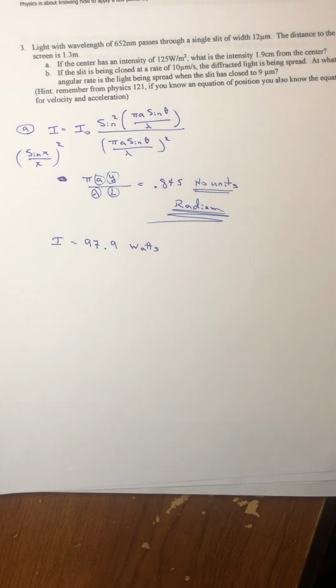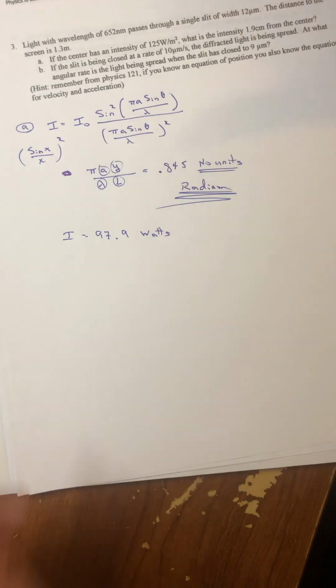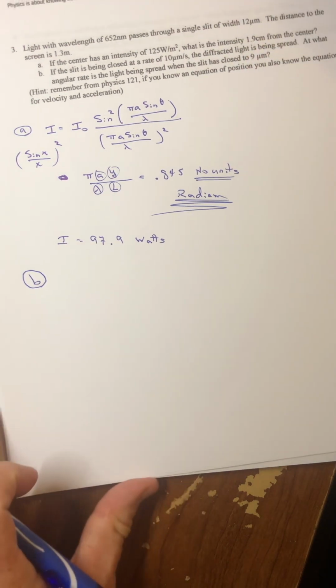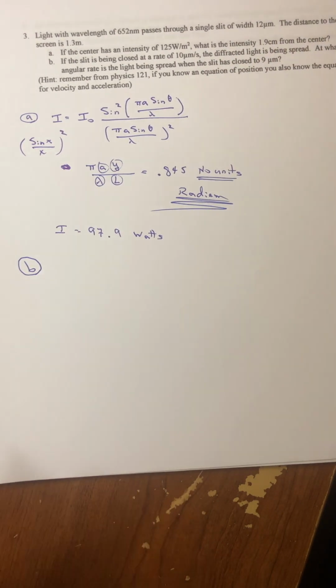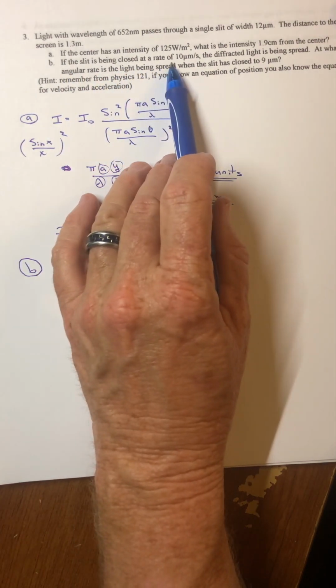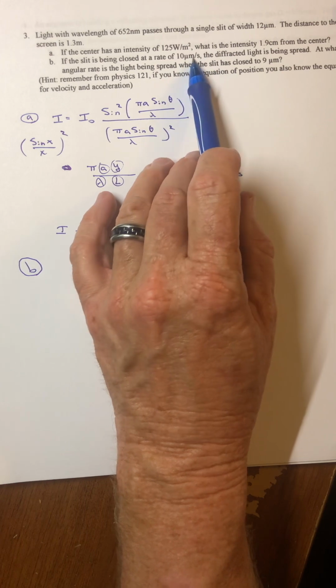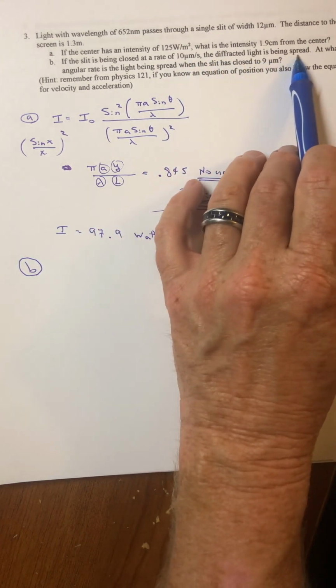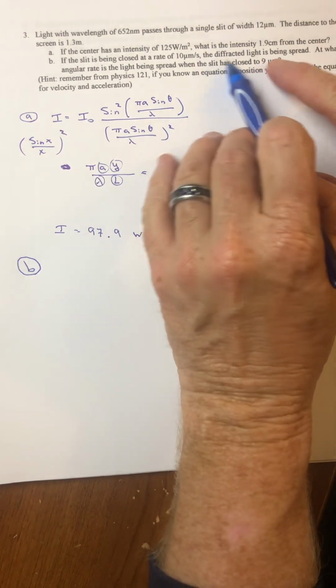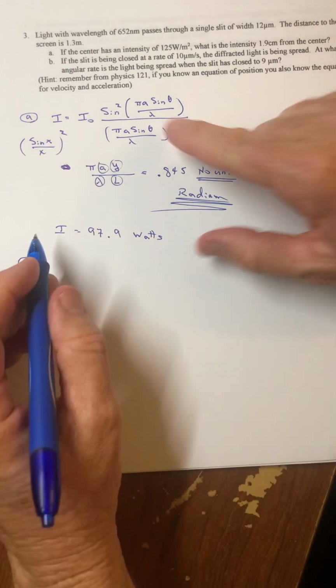All right. Well, now, something a little bit different. Let's look at B here. It says, now if the slit is being closed, and they give us the rate, the diffracted light spreads out. Now, I guess they don't need to tell me that the diffracted light spreads out.